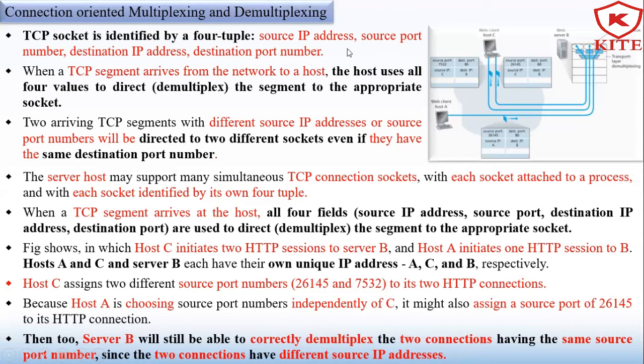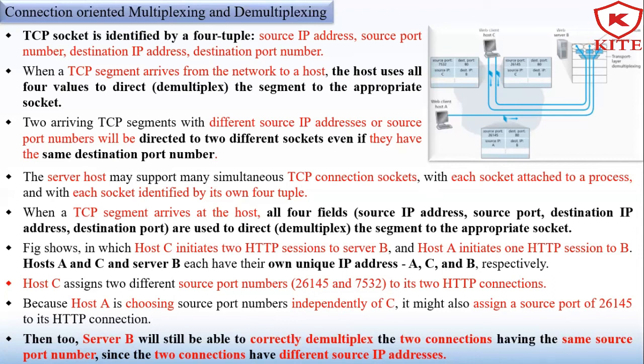So when a TCP segment arrives at the host, all four fields, the source IP address, the source port, the destination IP address, and the destination port, are used to direct or demultiplex the segment to the appropriate socket.